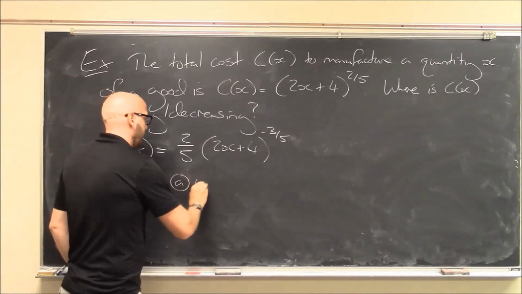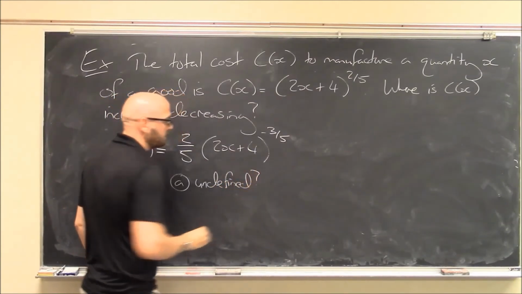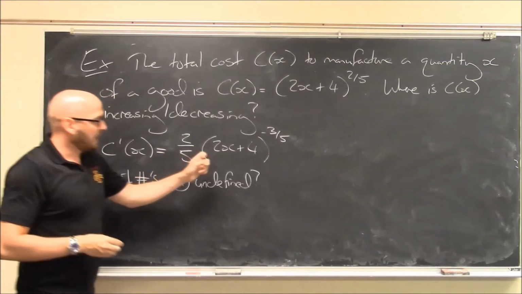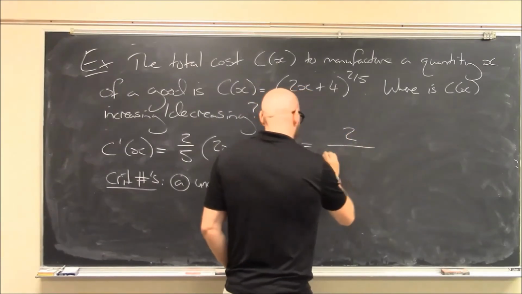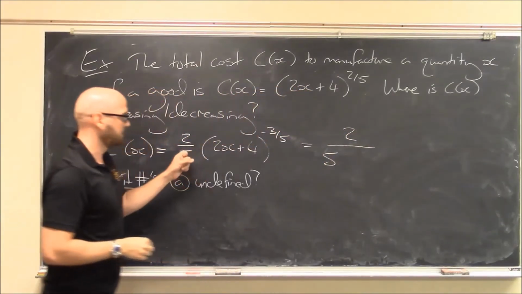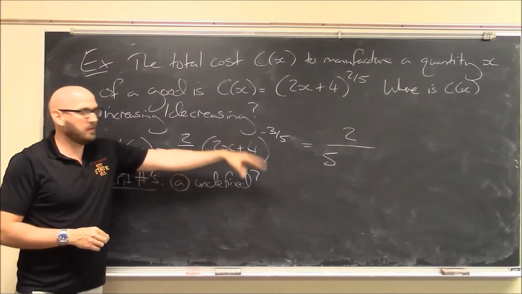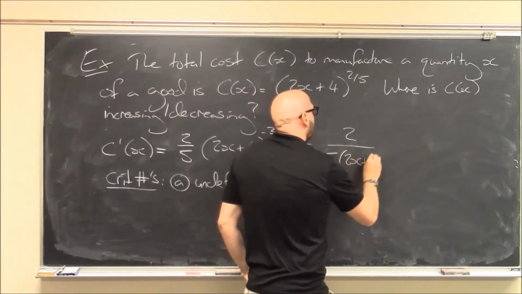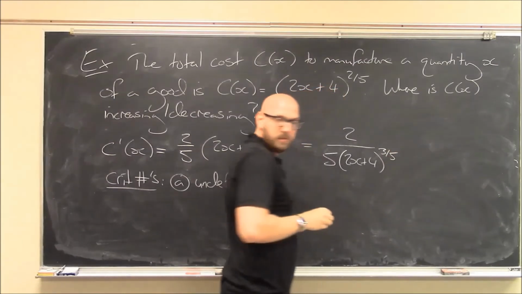Is this ever undefined? Well, maybe it's not so obvious the way I've written it. How about I rewrite this function? Let's write this as 2 over 5. So I'll put the 2 on top, the 5 on the bottom, and then the negative power, that means it's in the denominator, right? It's a positive power. So this would be times 2x plus 4 to the 3/5.